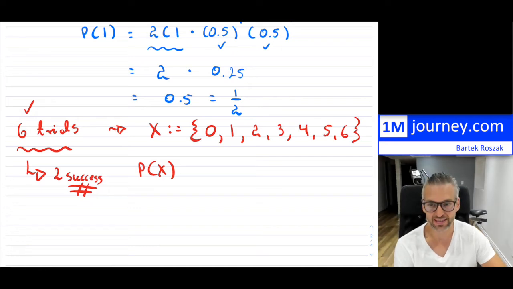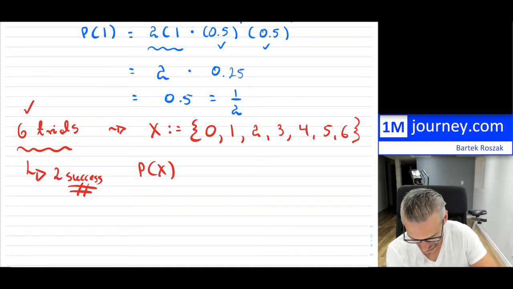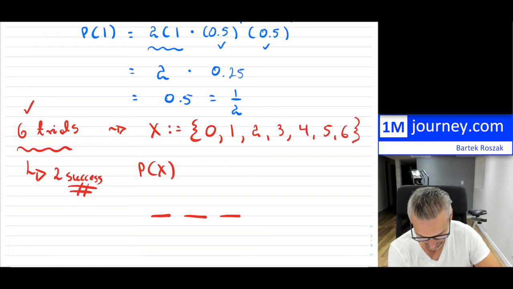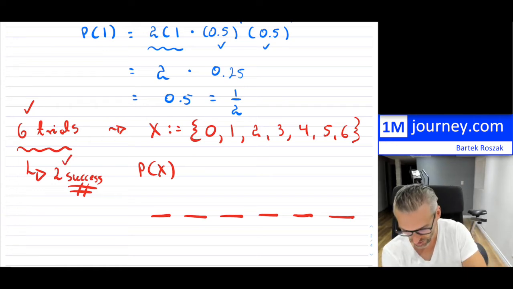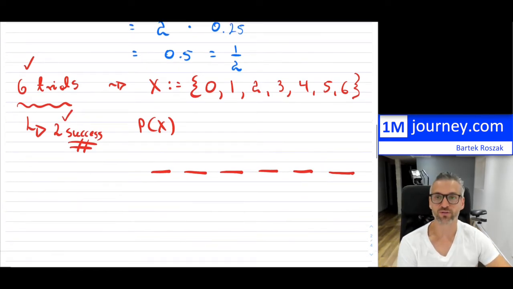So instead of listing all of these out, you have 6 trials: 1, 2, 3, 4, 5, 6. And now you want to know only 2 successes within here.